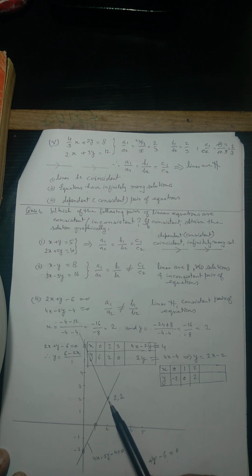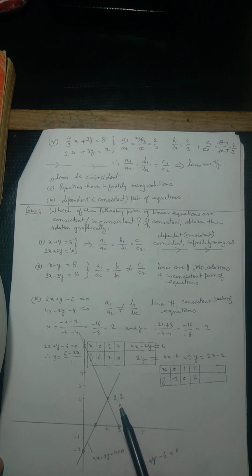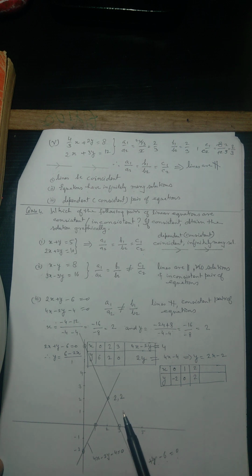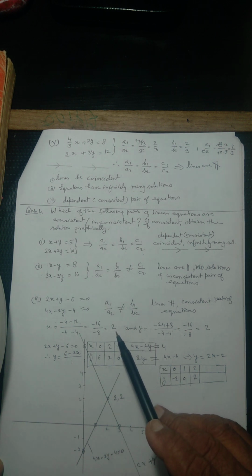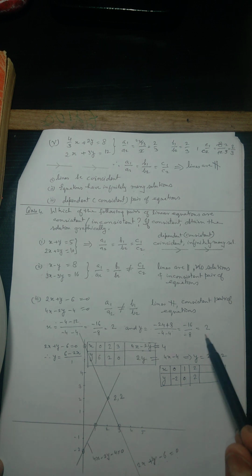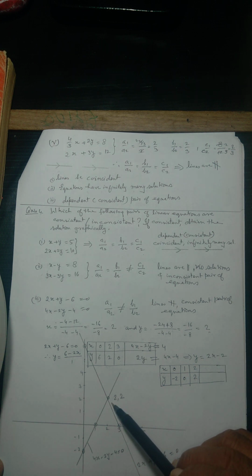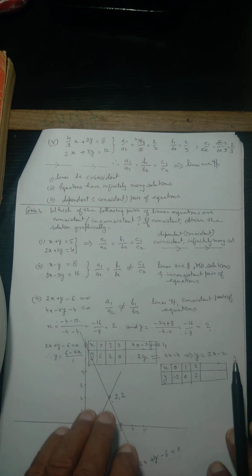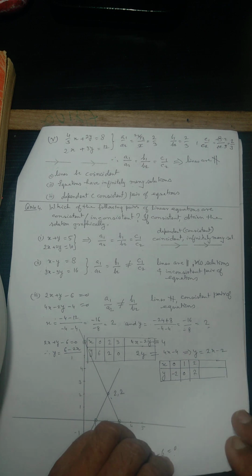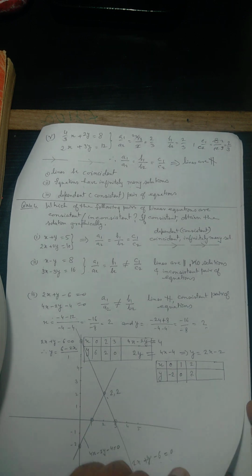So they both intersect each other at 2, 2. Means the value of x and value of y will be 2, 2. We have already solved it algebraically, that is 2 and 2. Here I have solved it geometrically, or graphically. Now proceed to the fourth part.